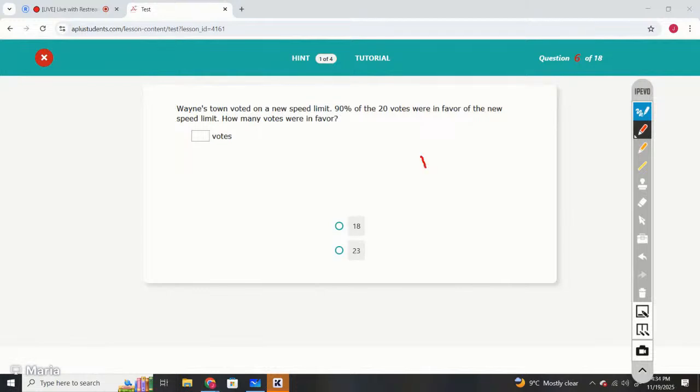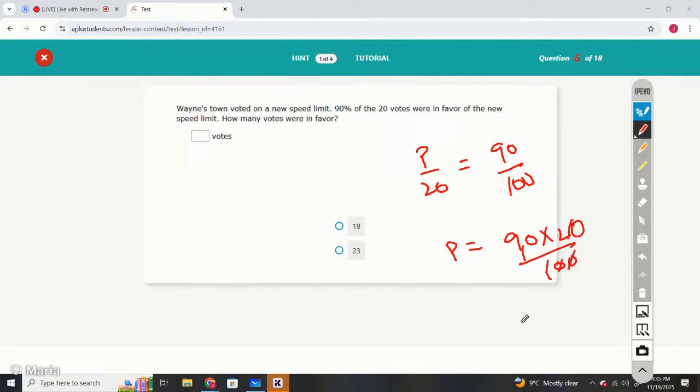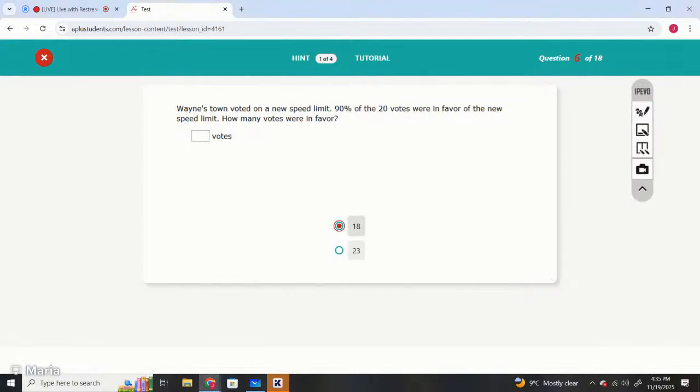So we need to calculate the part of 20, how much 90% is. So P is equal to 9 times 20 over 100. So 9 times 2 is 18. Option number 1 is the correct option, that is 18. The correct option is 18.